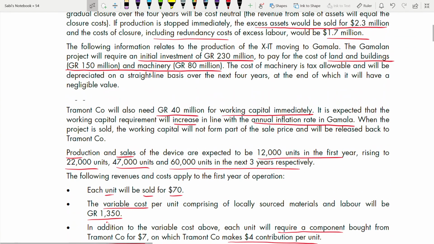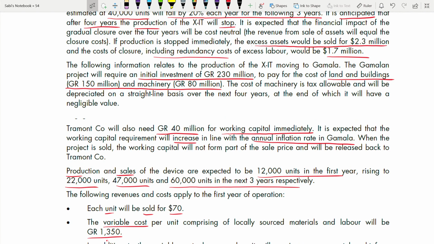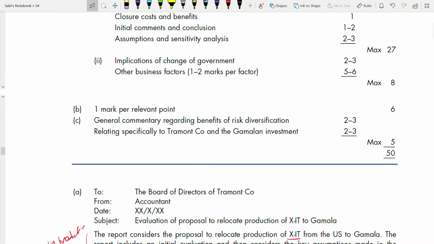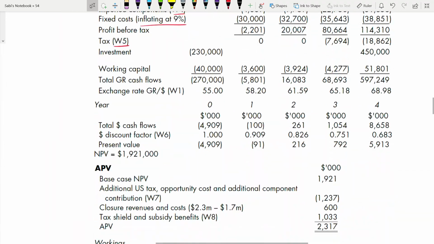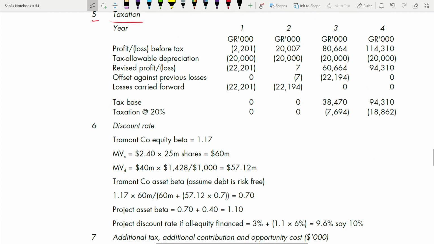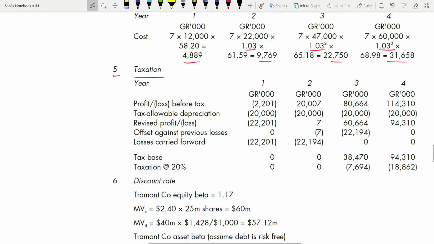If you see, machinery is 80 million. 80 million will be divided by 4 years, so it will be 20 million each year. That's why it is 20, 20, 20, 20. It is in million only here also. If you see, they're dropping the 3 zeros. So 20,000 means 20 million. You're writing it as 20,000, but you're reading it as 20 million.